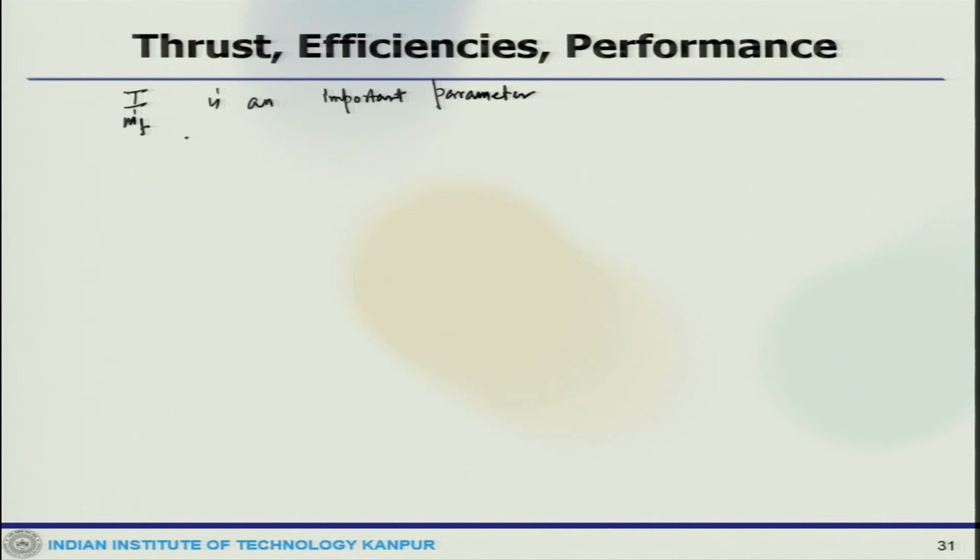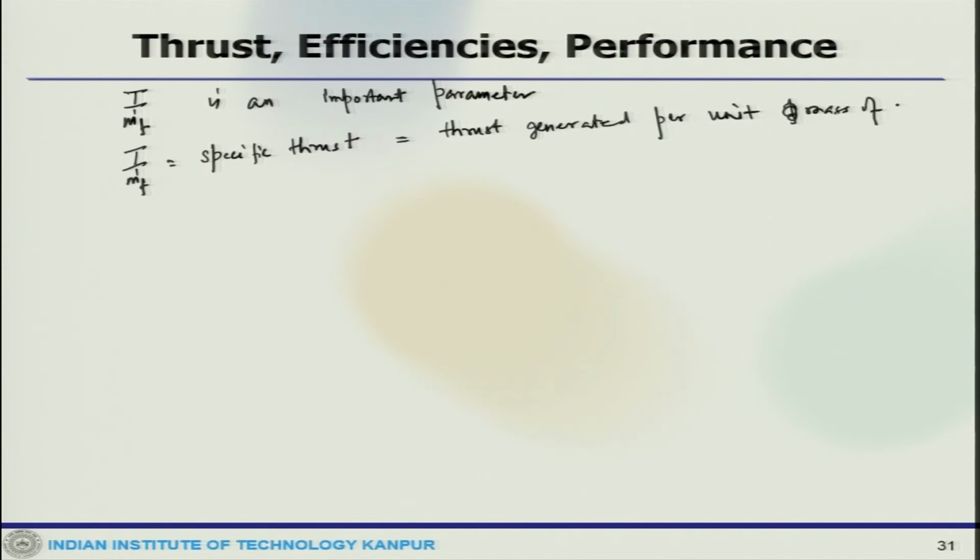So, T by m dot is an important parameter, and this is the specific thrust. Okay. So, that means the thrust generated per unit mass of fuel consumed.